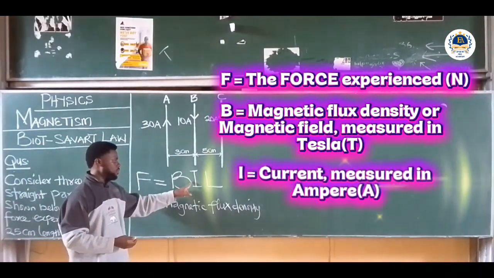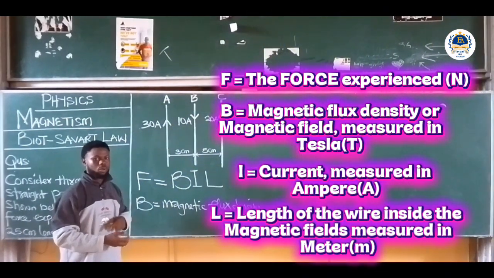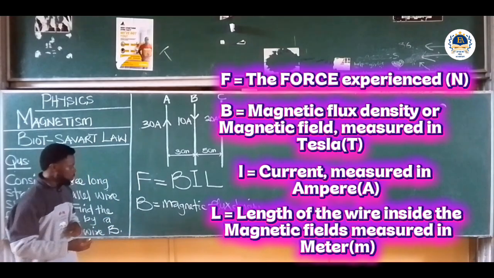I is the current, while L is the length of the wire in the magnetic field.